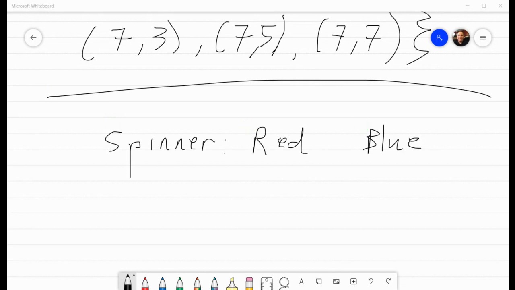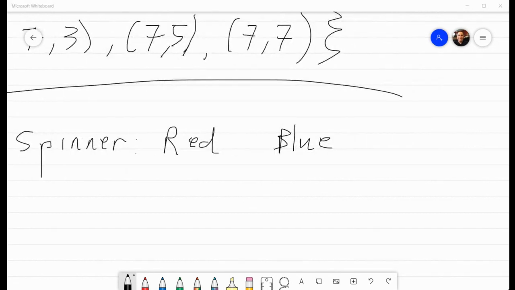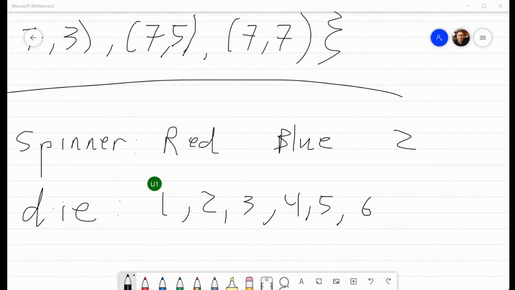Okay. So there were 2 choices there. Let me move this over again. Should be good. Okay. Now, from the die, we can get 1, 2, 3, 4, 5, or 6. So there are 6 choices.